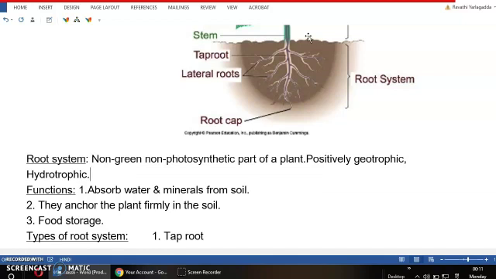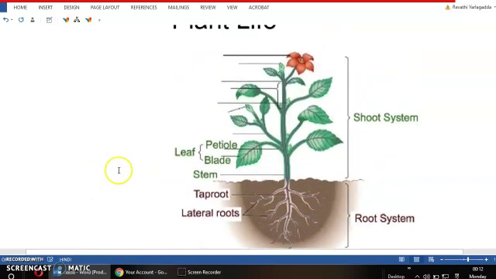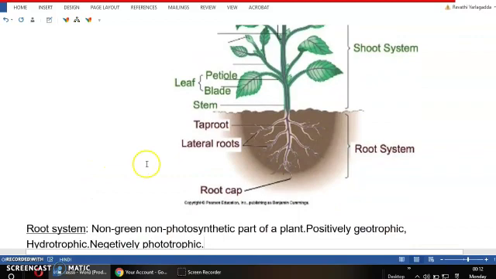They are negatively phototropic, we can say. Here we'll write negatively phototropic. What do we mean by negatively phototropic? Tropism means growth.